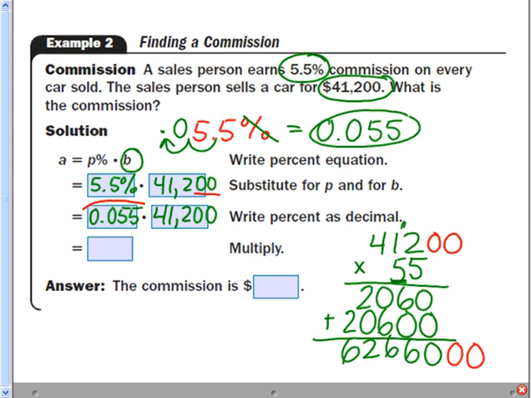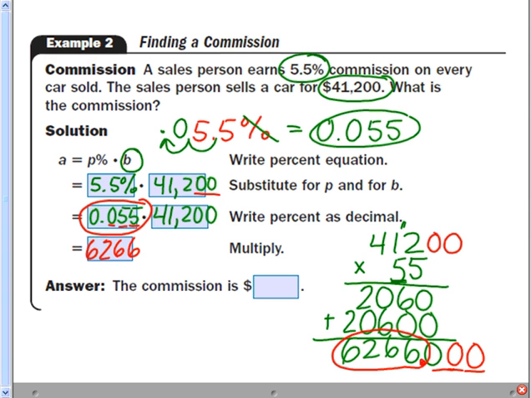And then the 55 was really 55 thousandths, where there are 1, 2, 3 decimal places. So counting back 3, there's my decimal placement, and I'm landing with 6,266 as the product. So if you drop that decimal point and the extra zeros until you're ready to get your final answer, the multiplication itself really isn't that bad, even without a calculator.